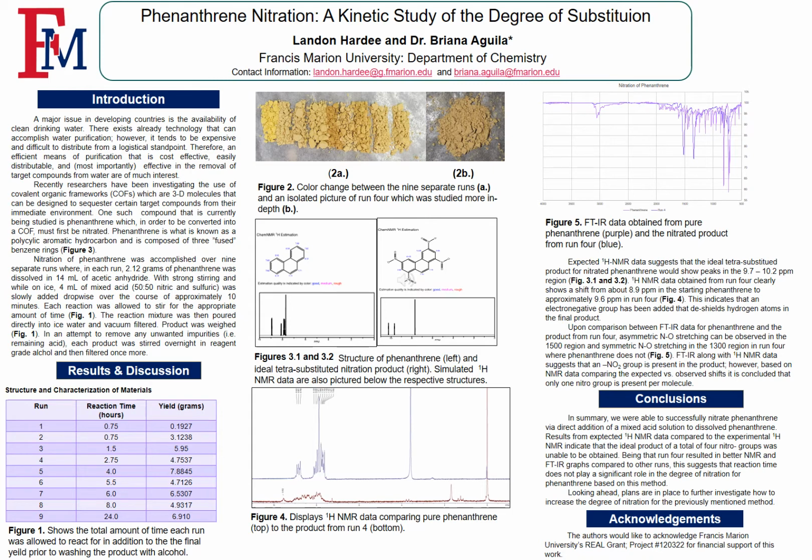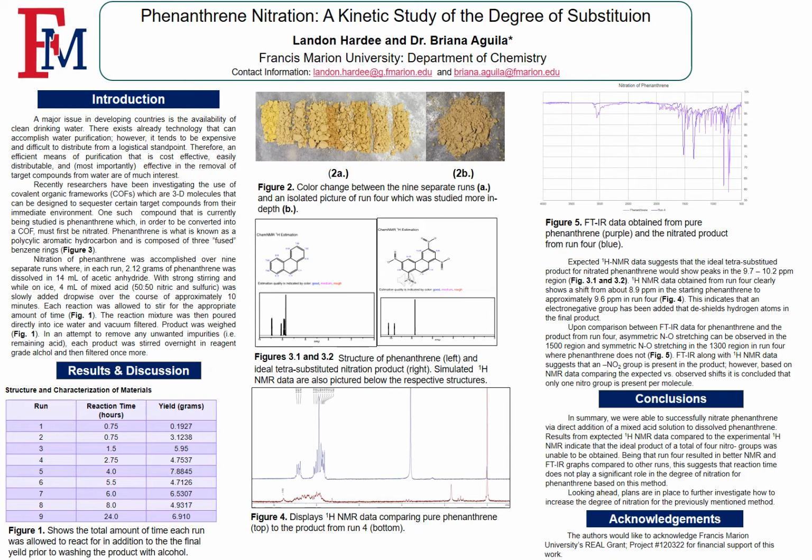So the IR data, in addition to NMR data, suggests that an NO2 group is present in the final product. However, based on NMR data, comparing the expected versus the observed shifts, we can confidently conclude that only one nitrate group is present per molecule, which is not ideal.